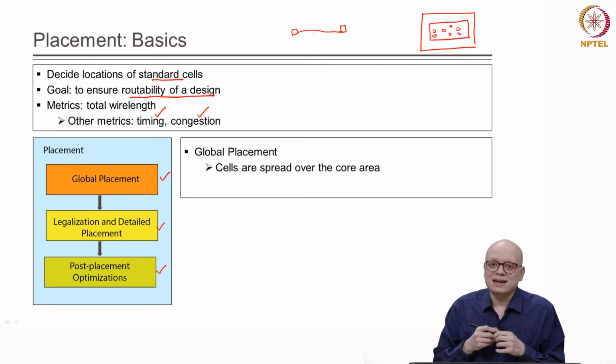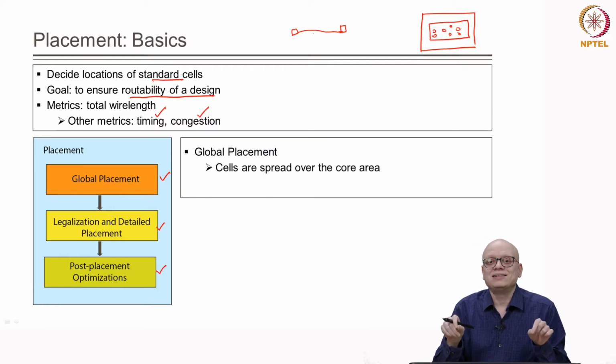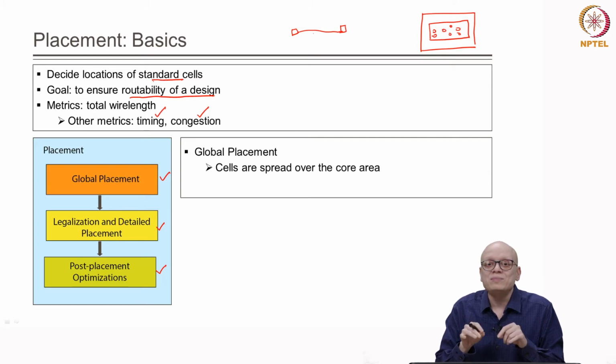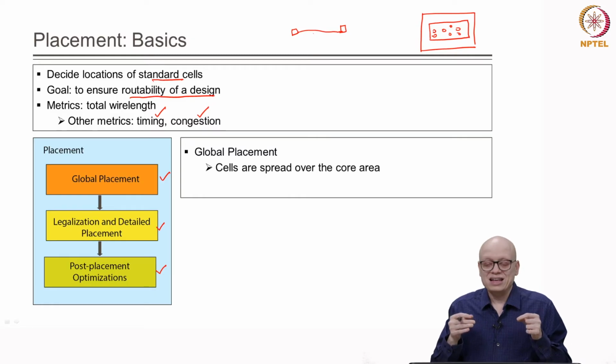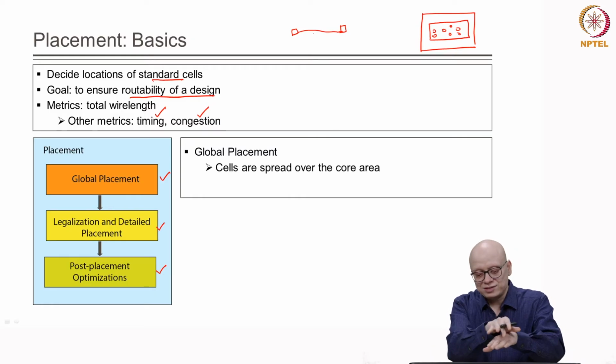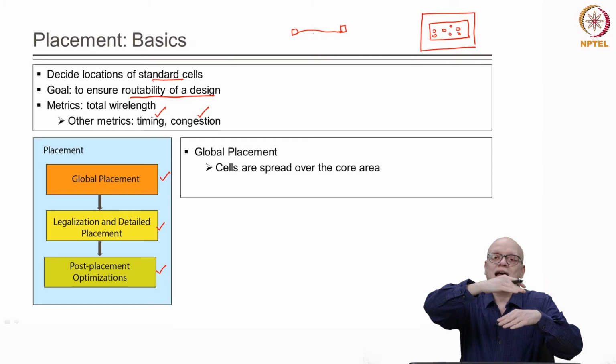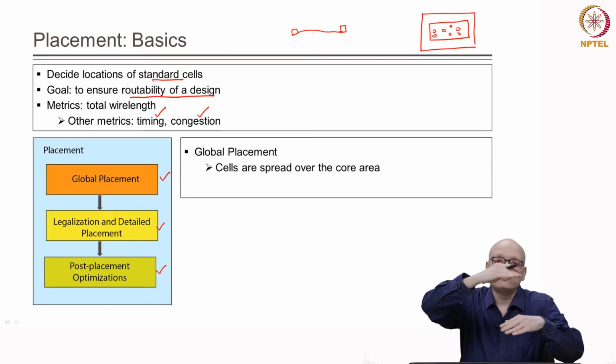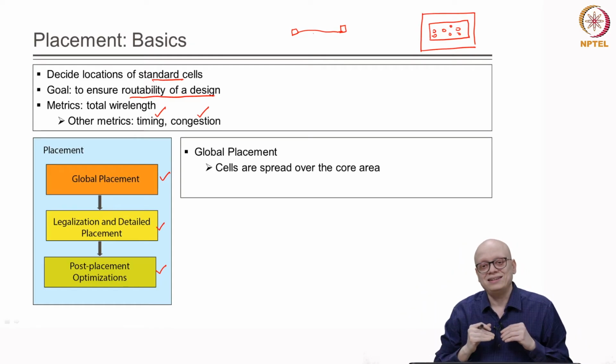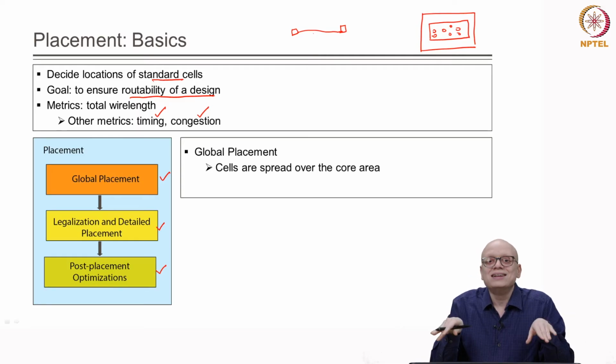The reason is that if we spread out the cells, then the routing resources can be utilized better, right. So, understand that when we have cells, over them we have say 10 or 12 or 15 layers of interconnects, right. Now, these layers of interconnects are available throughout our chip layout.